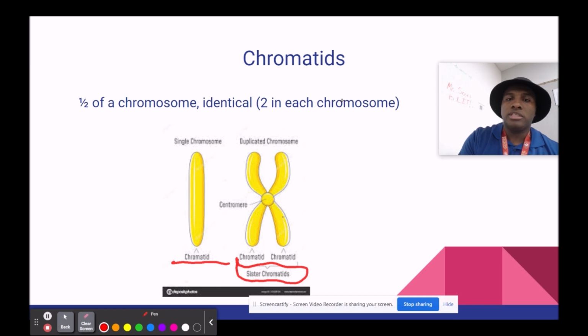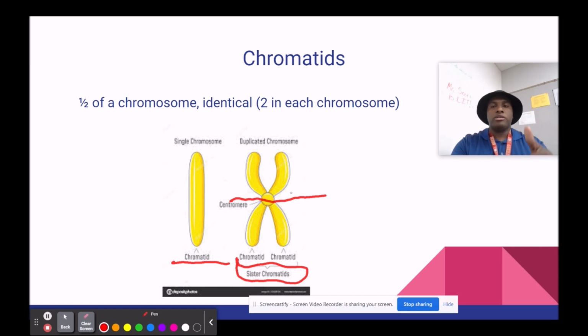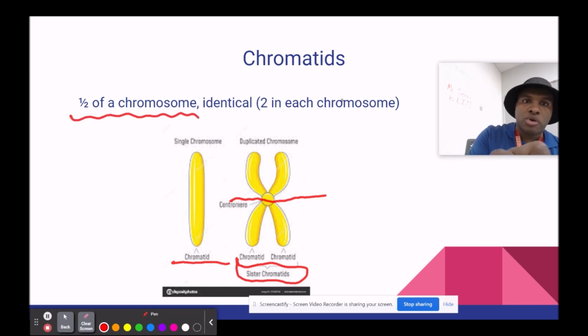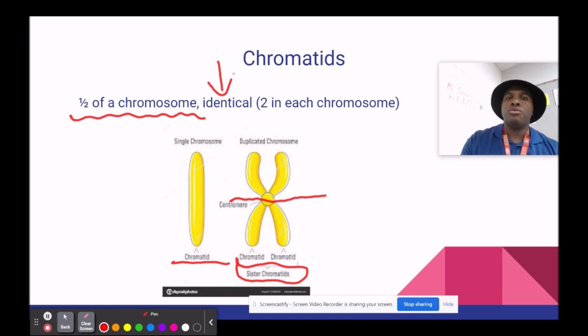So these two would be sister chromatids. It's considered to be a half because if this were to split, and then we pull them apart, you have half a chromosome. So the most important thing to know is it is one half of a chromosome. They are identical, and there's two in each chromosome.